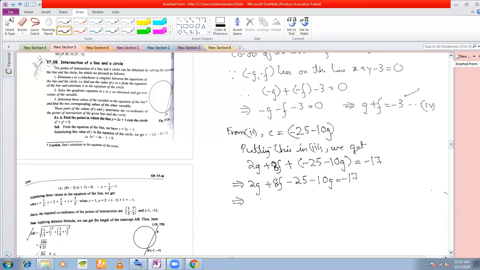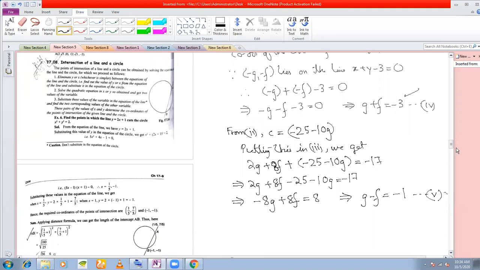So what you get here is 2g minus 10g is minus 8g plus 8f, and you get 25 minus 17 as 8. So what are you getting effectively? You're getting g minus f is equal to minus 1. This is what you are getting. Call this equation number 5.